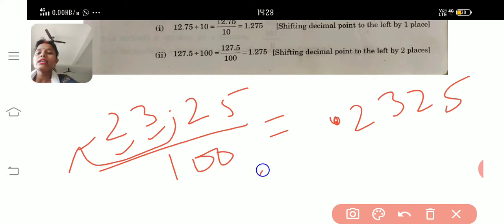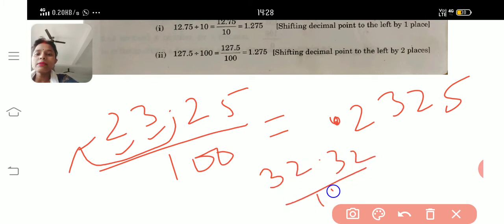In the same way, if you are going to divide by 1000, for example 32.32, we are going to divide it by 1000. There are three zeros in the denominator, so the decimal will shift three places. But here you can see there are only two places, that is 3 and 2.